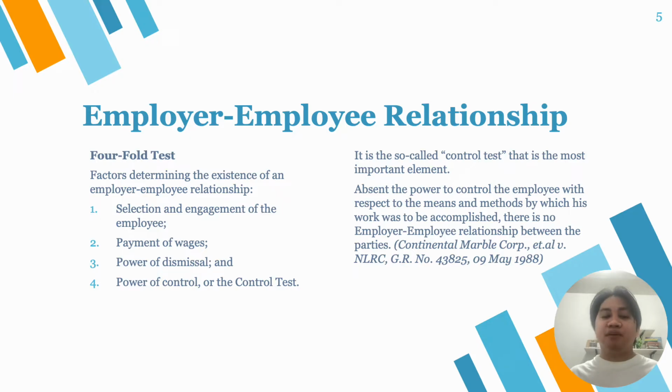And the last one is the power of control, or the control test. However, amongst all of these factors, the power of control is the most important element. This is the telltale of all the factors. If the control test is not present, there's a big chance that you're probably not an employee. So what is the control test?